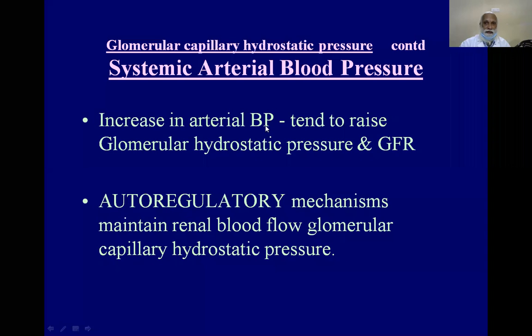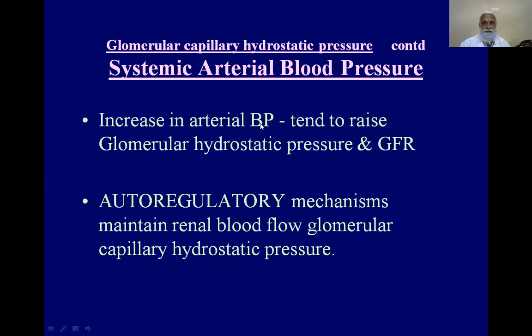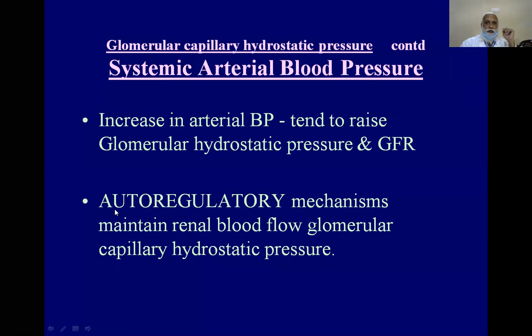An increase in arterial blood pressure tends to raise glomerular hydrostatic pressure and the GFR. If renal arterial blood pressure is increased, that increases capillary hydrostatic pressure in the glomerular capillaries, and hence GFR rises. But renal blood flow has an auto-regulatory mechanism. Within a certain range of blood pressure, the flow remains constant because of the arterioles.